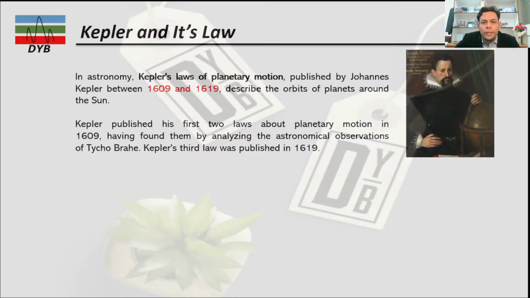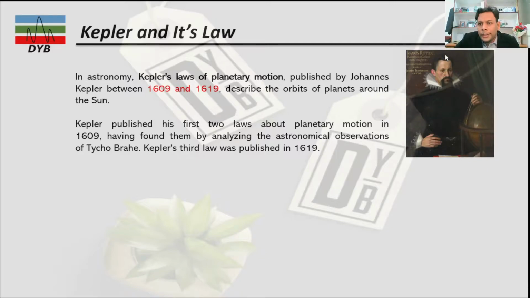So let's start with Kepler and his laws. First, let's look at Kepler. Who was Kepler? In astronomy, Kepler's laws of planetary motion were published by Johannes Kepler in 1609 and 1619, and they described the orbits of the planets around the sun.